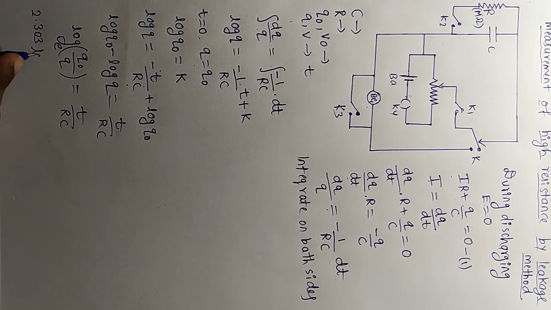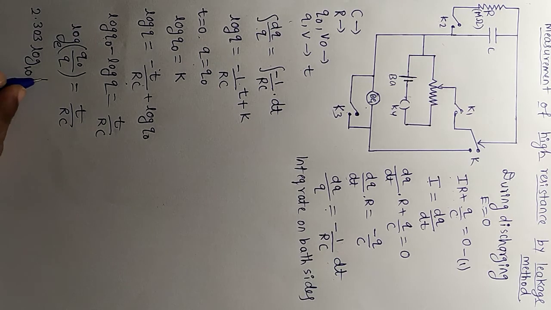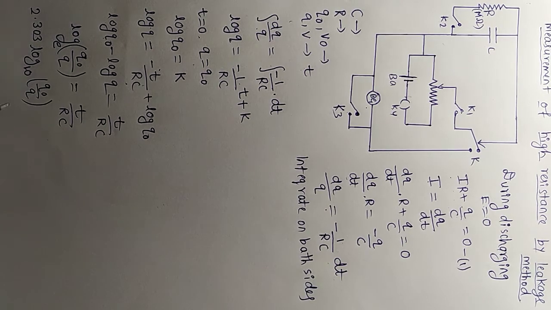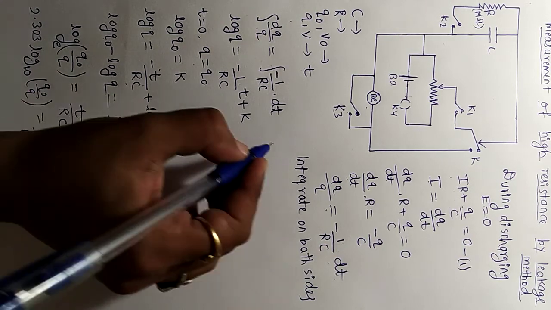So 2.303 log to the base 10 of q naught by q is equal to t by R into C.